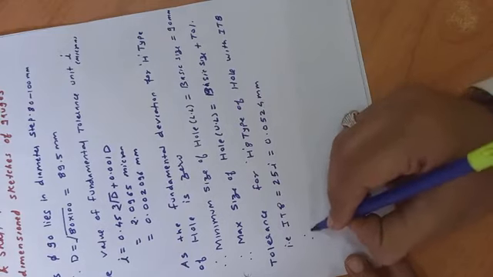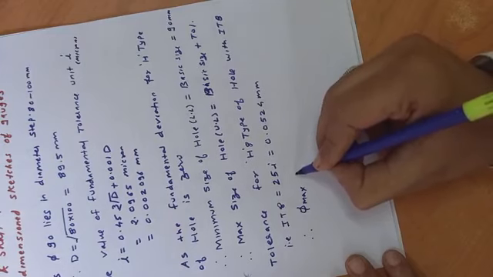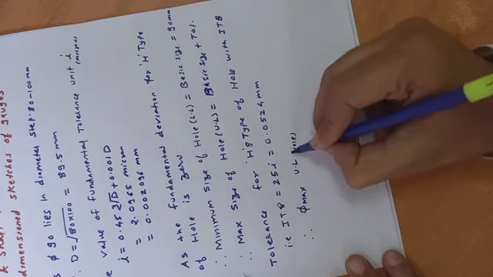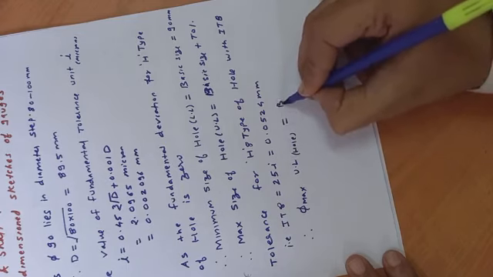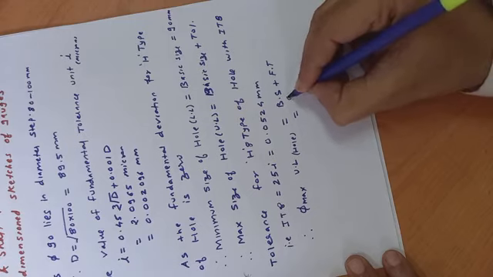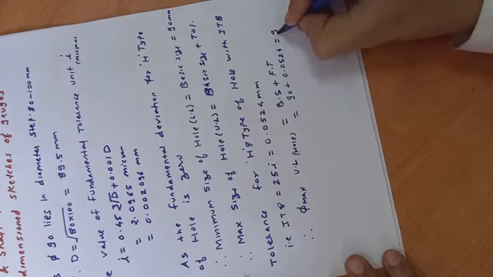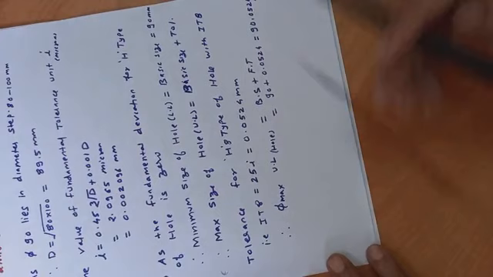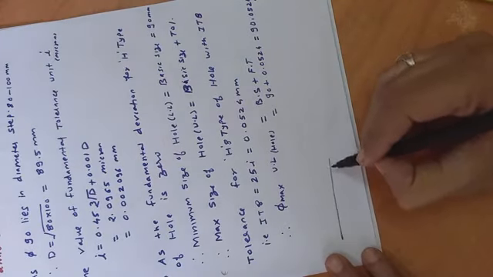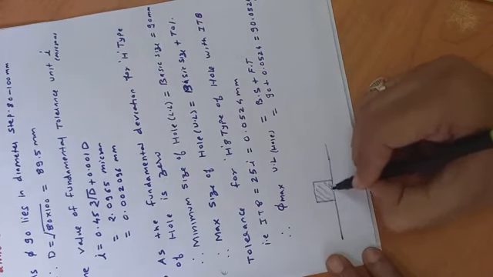Therefore the maximum size of hole, phi maximum or upper limit of hole, is equal to basic size plus fundamental tolerance. Basic size comes to be 90 plus tolerance 0.0524, it comes to be 90.0524 mm. If you want to draw the figure, this is the hole, tolerance of the hole.